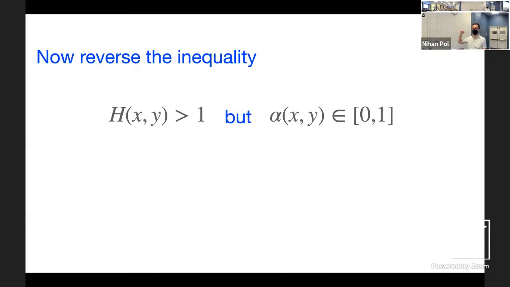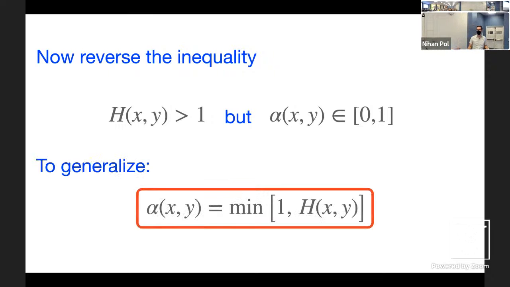And so let's go back to that previous slide and reverse the inequality. And if I calculate that ratio, now that number is bigger than 1. But I said that the transition probabilities have to be between 0 and 1, right? So this Hastings ratio can take on arbitrary values, but the transition probabilities have to be probabilities. They have to be between 0 and 1.